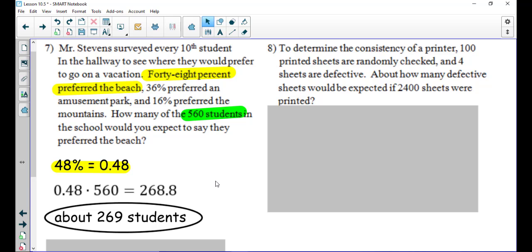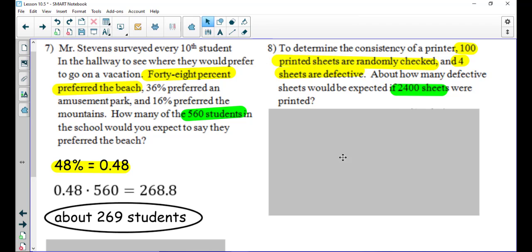Number 8, to determine the consistency of a printer, 100 printed sheets are randomly checked and 4 sheets are defective, meaning something's wrong with them. About how many defective sheets would be expected if 2,400 sheets were printed? So our sample here is 4 being defective out of 100 that were randomly checked. Our population size is 2,400 sheets.